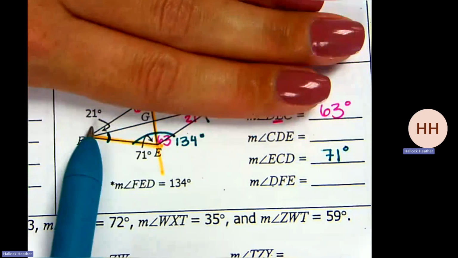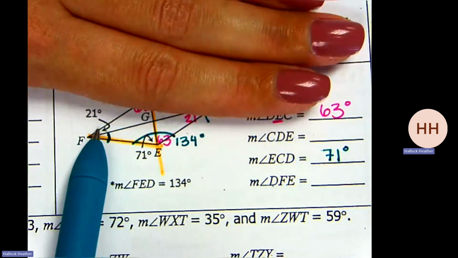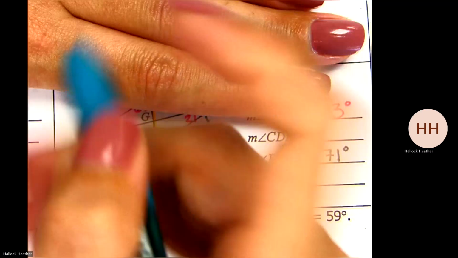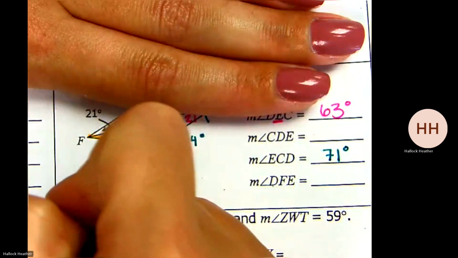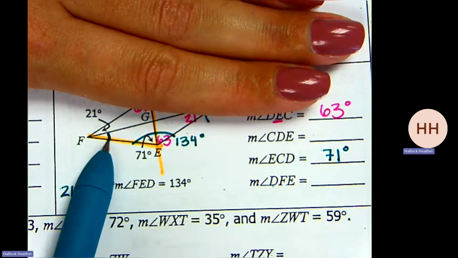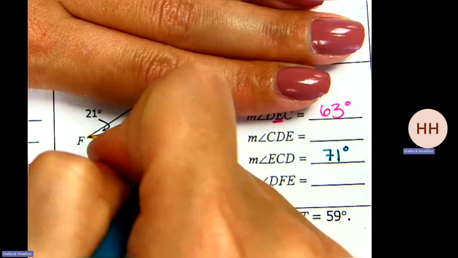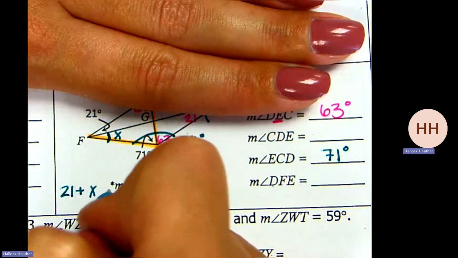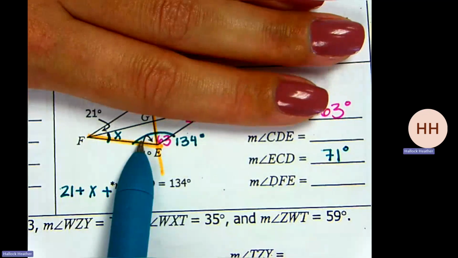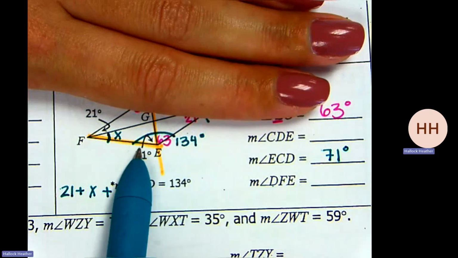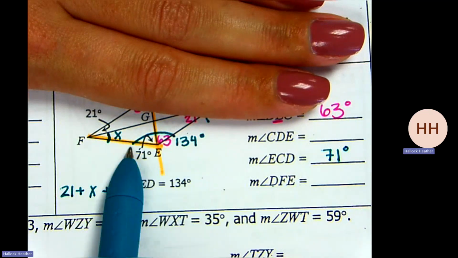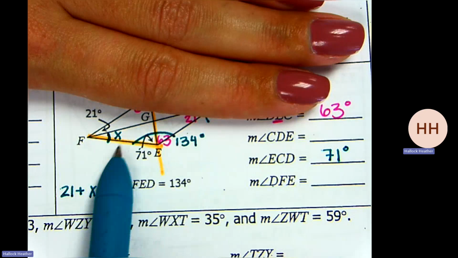So I have a 21 that's over here. This angle right here, I'm going to say 21 plus, I don't know this angle, so I'm going to say X. I'm going to put a little X here. X plus this angle right here. I can say 71 plus 63, or I could say 134 because the whole thing is 134.